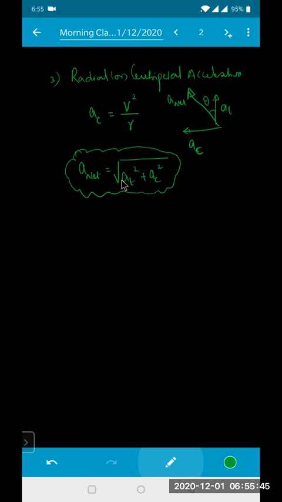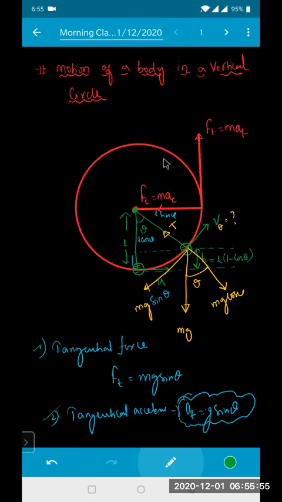So the net acceleration is the square root of a_t square plus a_c square. When the body was at the rest position, the weight was mg and the tension in the string was upward before it started the motion.